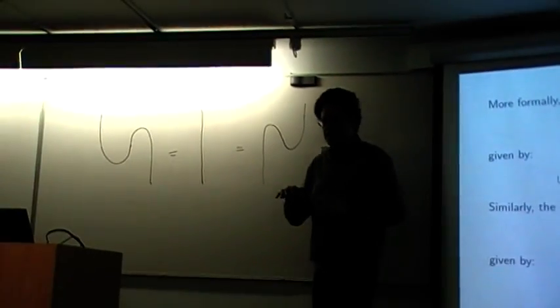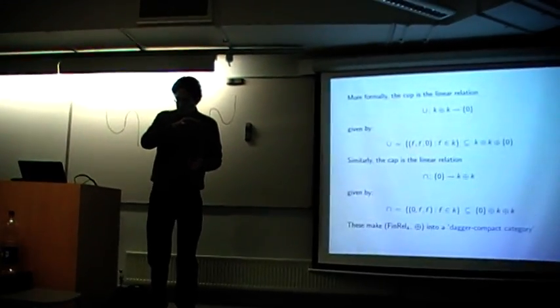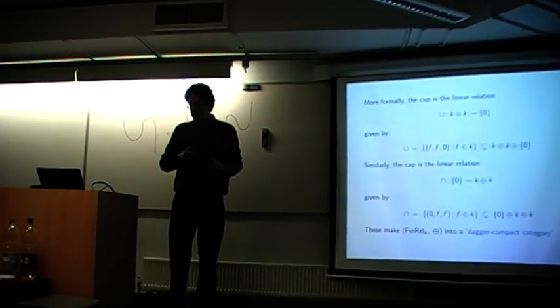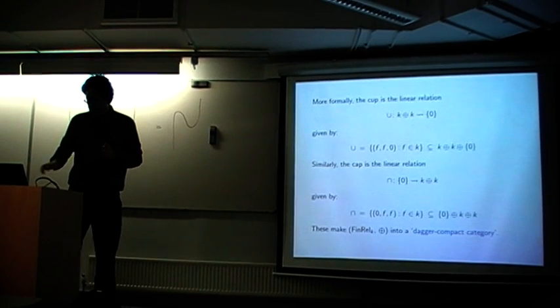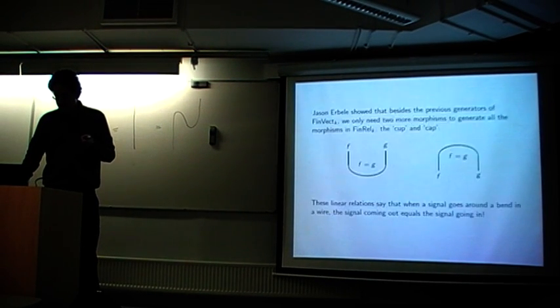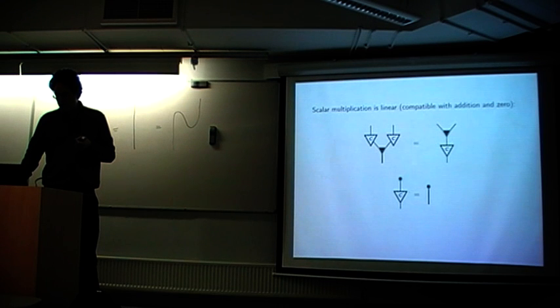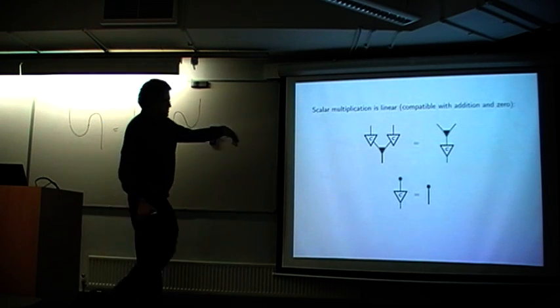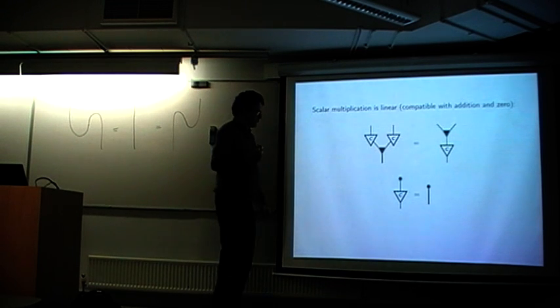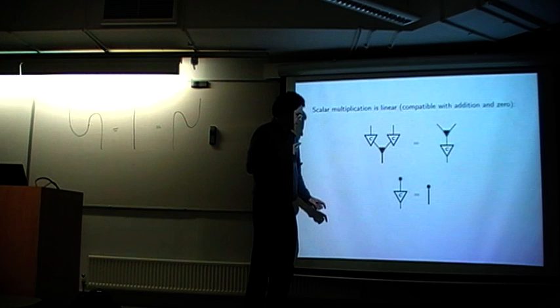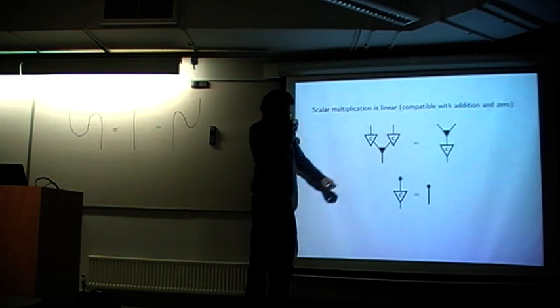The dagger aspect means that you can take any picture and flip it vertically and get a new picture. And we've already seen that a lot in all these kind of relations. So here are some things that are true. If I flip it upside down, and as part of flipping it upside down, what I mean by that is that I will, let's see, I have to be a little careful here.